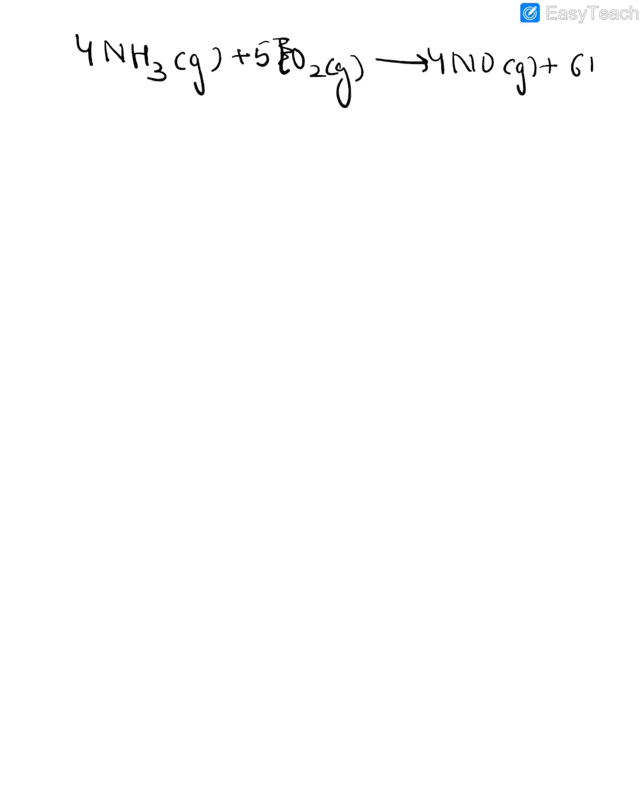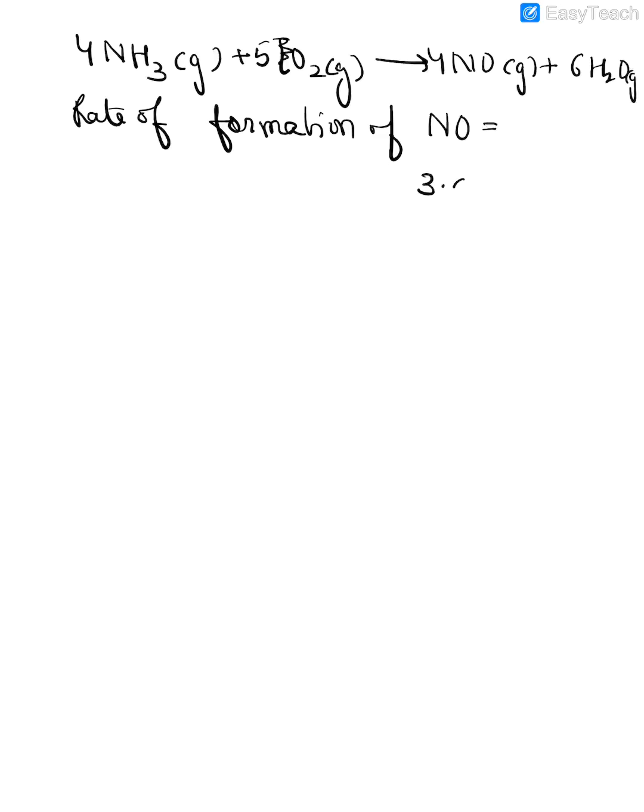So let's go for one numerical. We have a reaction, this. Now in this reaction, the rate of formation of NO is given as 3.6 into 10 to the power minus 3 moles per liter per second.